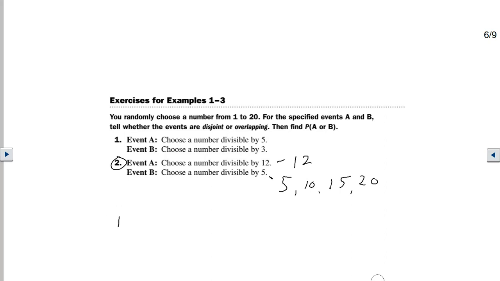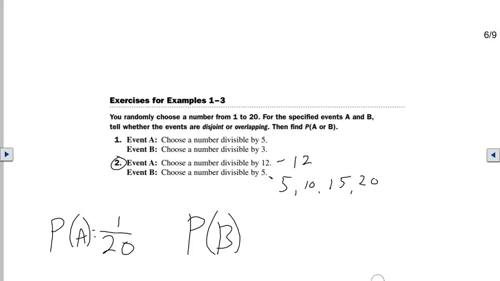So I'd have a 1 out of 20 chance, and we're going to call that event A. So the probability of A would equal 1/20th. The probability of B, and event B is choose a number divisible by 5, would be 4 out of 20.